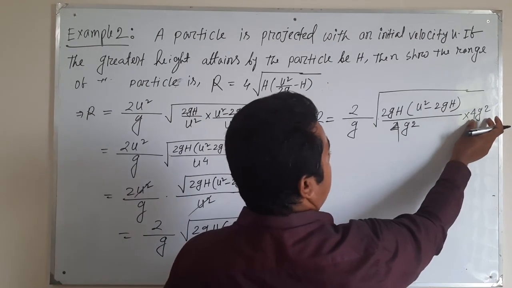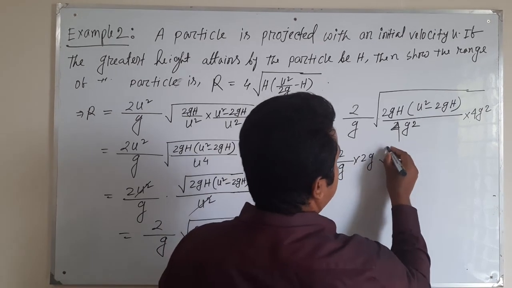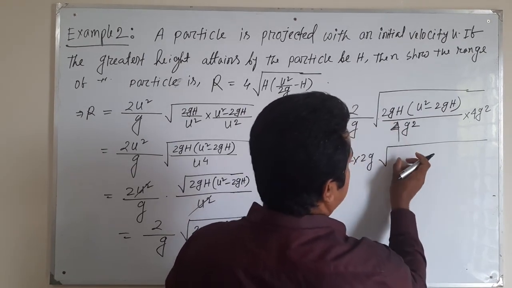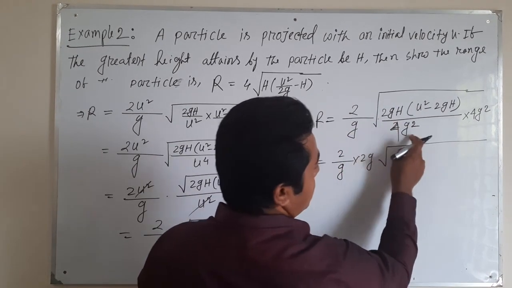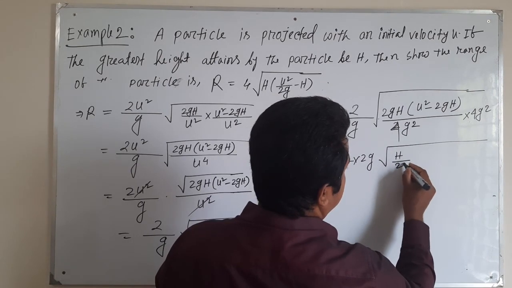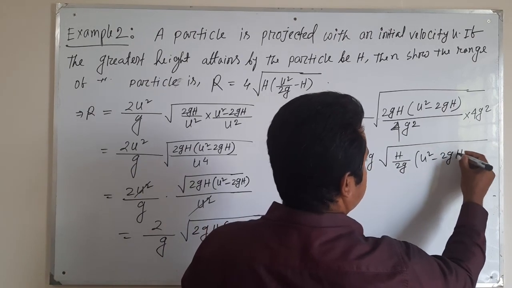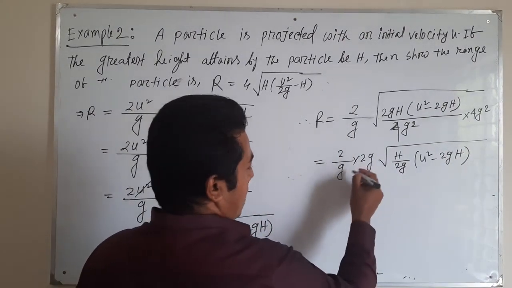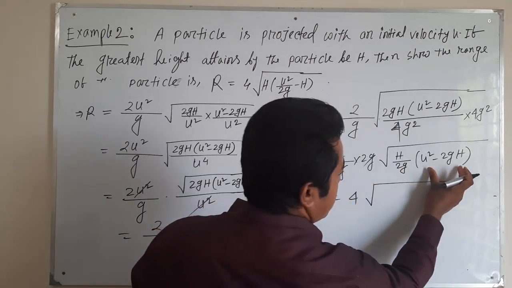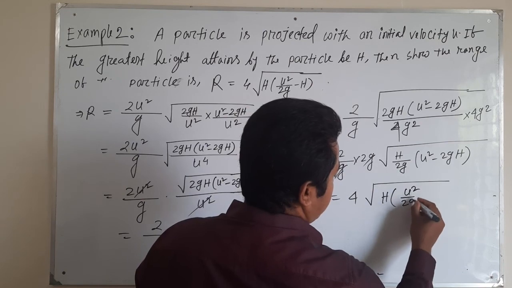It will be root over this is equal to 2g, so 2 divided by g into 2g, and root over, for this case remove 2g, then it will be h divided by 2g and u square minus 2gh. Okay, so in this case it will be 4, so divide by 2g square, 2g in this case, so h into u square divided by 2g.